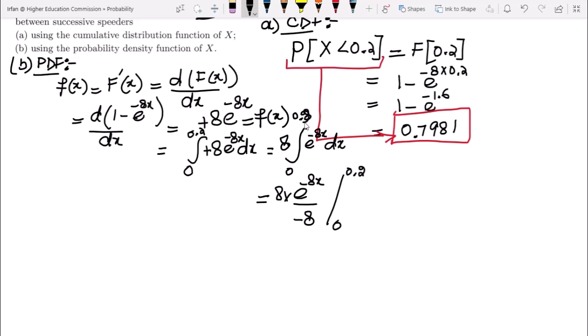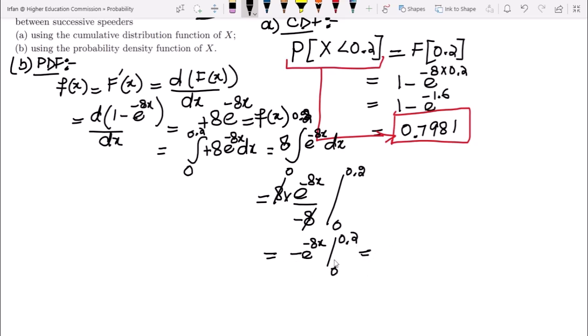Sorry, my bad. These two will cancel out, and I will have minus exponential of minus 8x from 0 to 0.2.